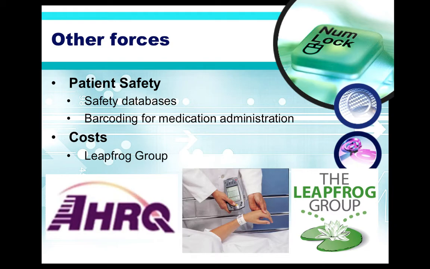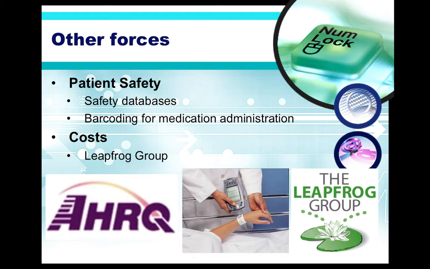There are some other forces involved outside of clinicians and federal governments. There are some outside agencies, in particular the Agency for Healthcare Research and Quality, the AHRQ, which we talked about last week in class, and their initiative to improve patient quality and safety.